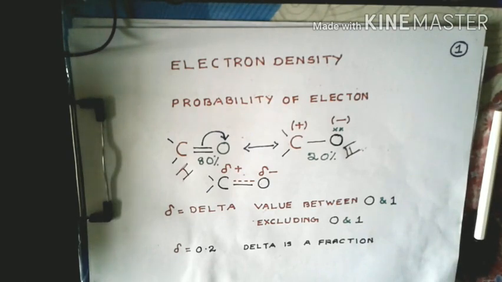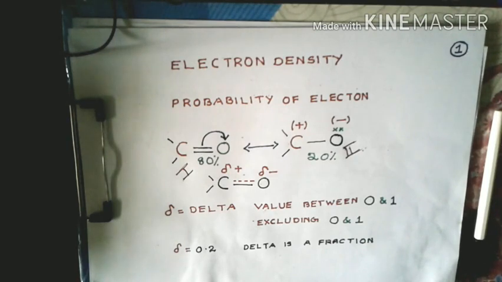And the charge over the oxygen atom is similarly 80 into 0 by 100 plus 20 into minus 1 charge for oxygen, therefore 20 into 1 by 100. That will be equal to 20 by 100, that is 0.2. So delta negative will be equal to 0.2. And 0.2 negative charge means 0.2 electron. Since an electron is a particle which cannot be divided, it is absurd, it is meaningless to say 0.2 negative charge.